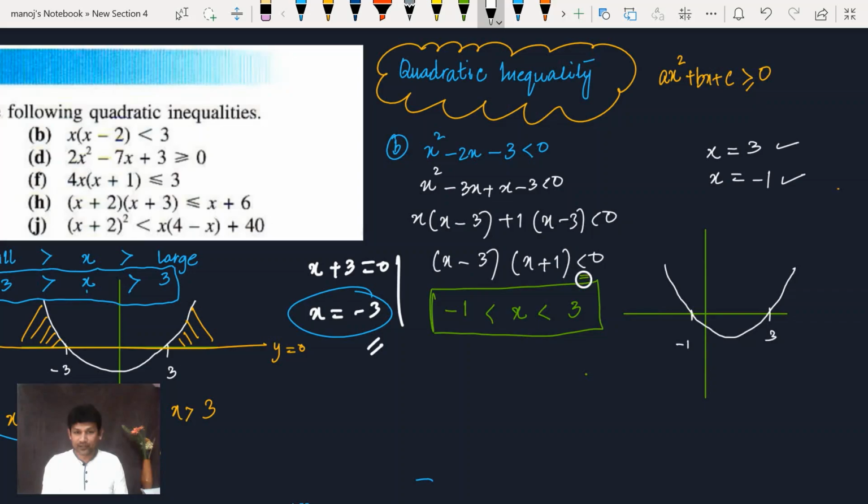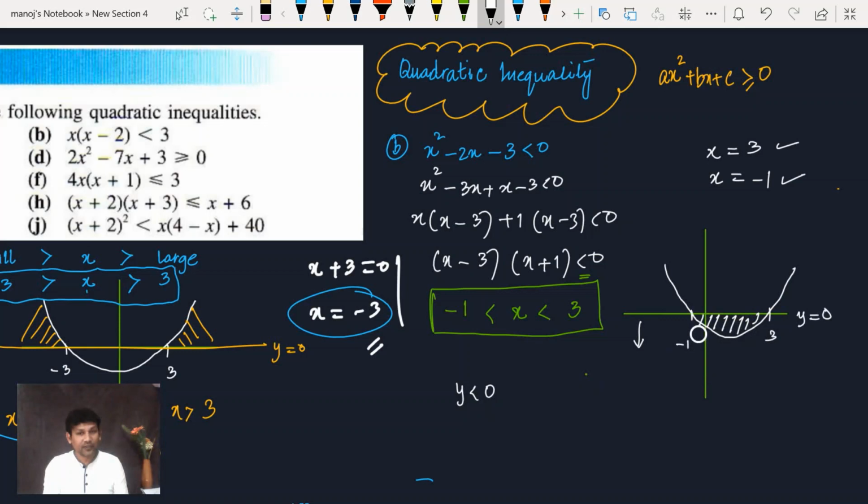Now the y is less than 0 means down part, so you will shade this part. This whole is equal to y, and y less than 0 means this is the x-axis, this is y, I mean y is equal to 0, and y less than 0 means you are talking about the negative part. Okay, this is your result.